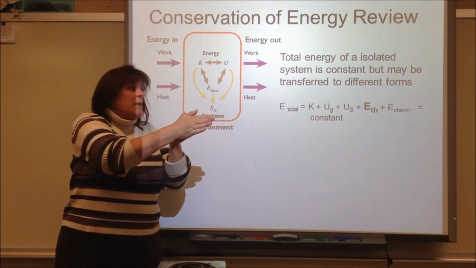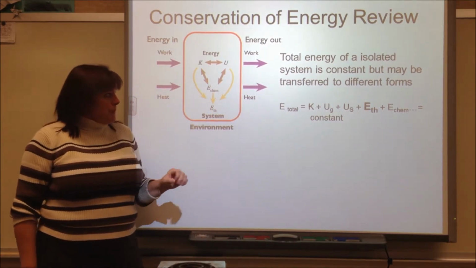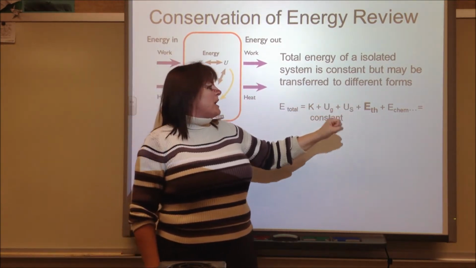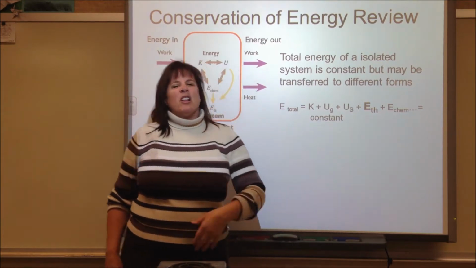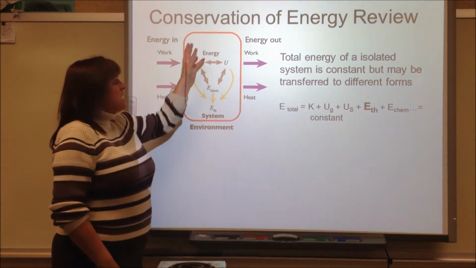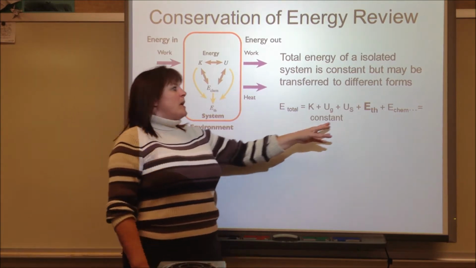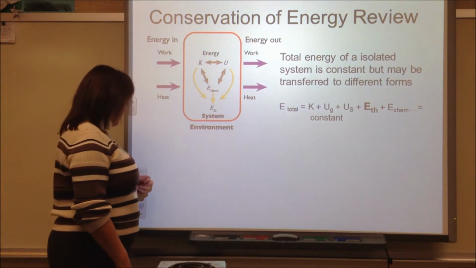Friction results in rubbing, which generates thermal energy. And the total energy of a system, which consists of these forms of mechanical energy, thermal energy, chemical energy, nuclear energy, is all constant.